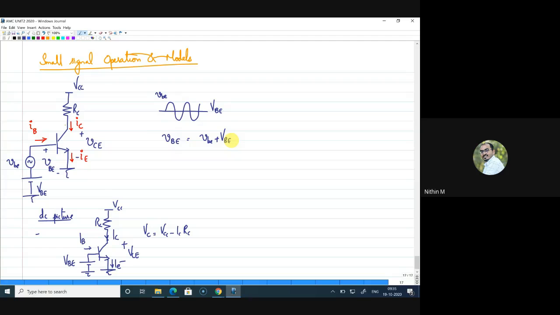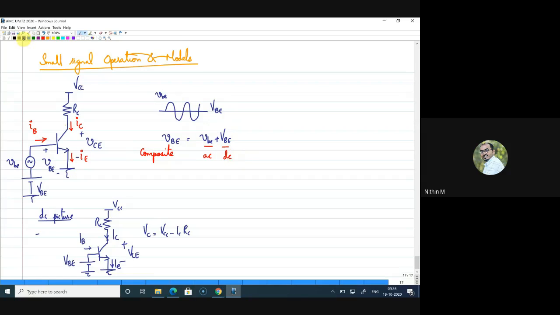Right. So with this we'll analyze further, and since this is a composite signal, and this is AC, and this is the DC voltage.